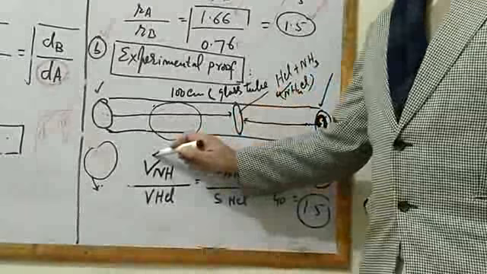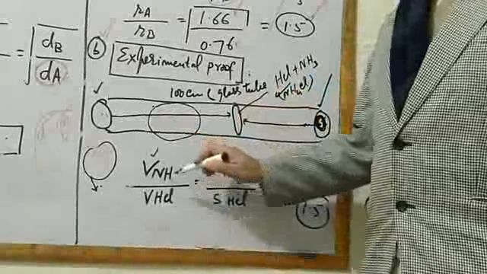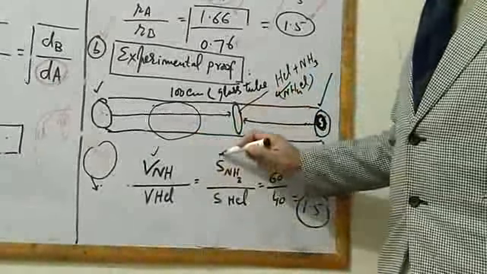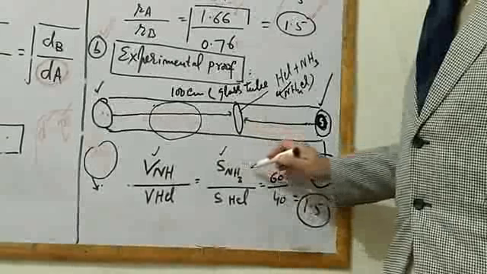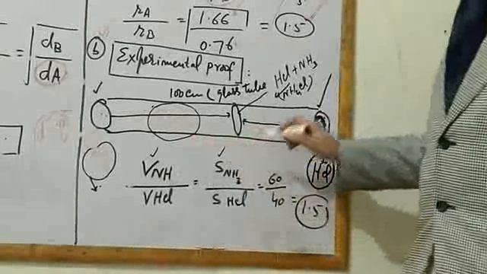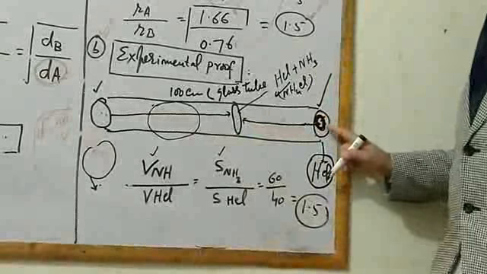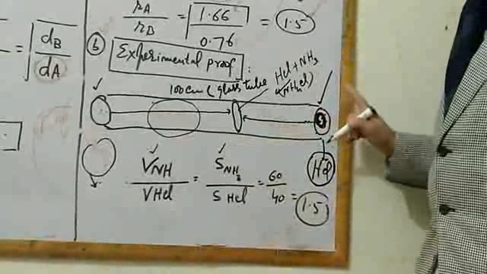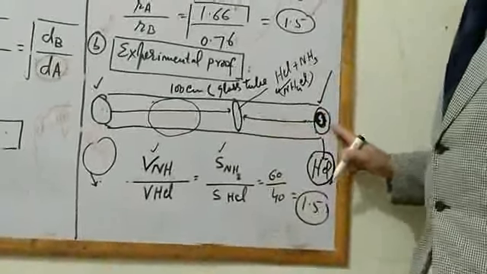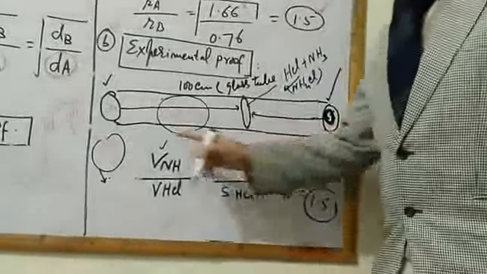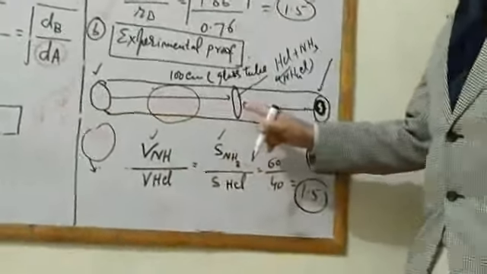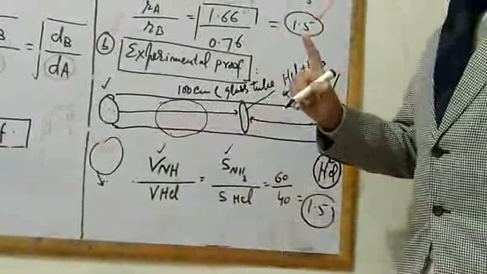So here the velocity of NH3 is directly proportional to the distance covered by NH3. Keep in mind, both the gases are diffusing simultaneously. That is, HCl is diffusing from this side, ammonia is diffusing from that side. So time is constant.